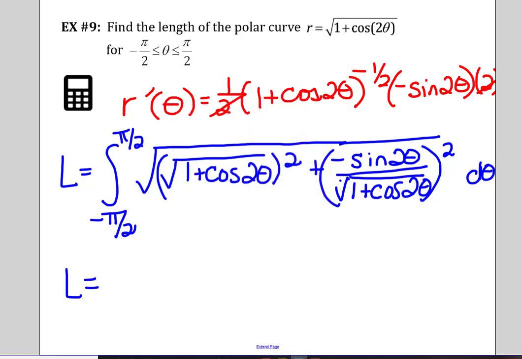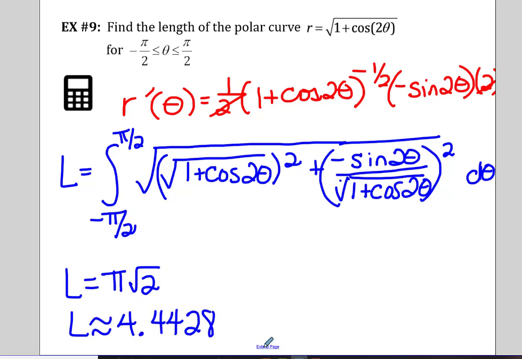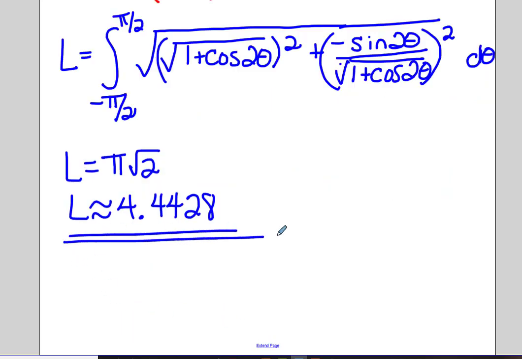So we have either pi times the square root of 2, or 4.4428. And that, my friends, is the end of Unit 9.